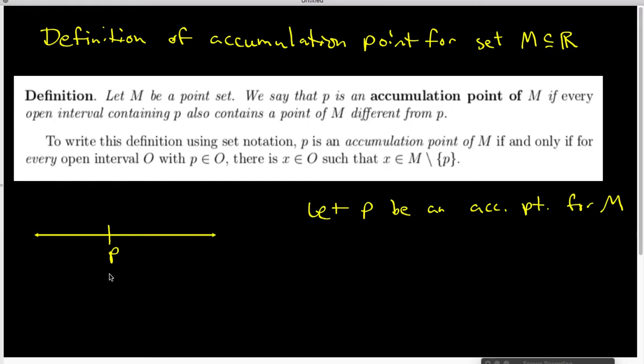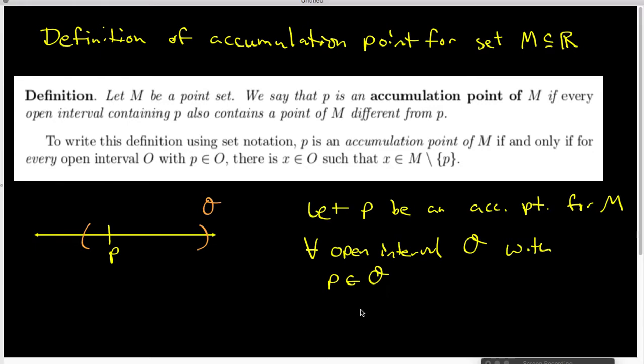Now, the first thing is that we have this quantifier for every. That is actually a for all quantifier. So for every open interval named O with P inside O. So I need to draw an open interval. Okay, here's an open interval.